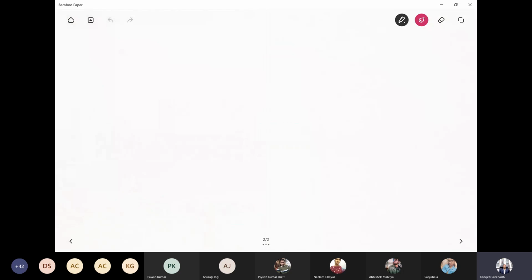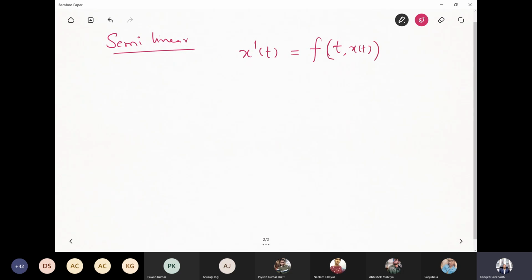Okay, so we are going to look at basically the equations which are called semilinear. These are the equations of the type x prime t equals f of t comma x t. So these are the type of equations which are called semilinear. That means the highest order derivative term in the equation is a linear term.